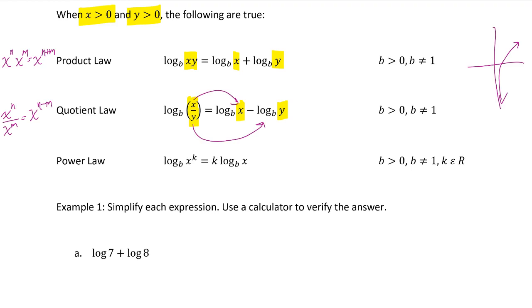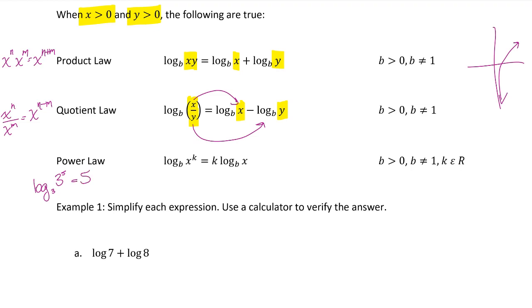And finally, our power law, and this one's a little bit weird, is that we can actually bring the power out in front. And that stems from what we were seeing when we were working with logs, and the idea that we could rewrite it as, if we wrote log base 3 of 3 to the 5, and we said that equals 5.